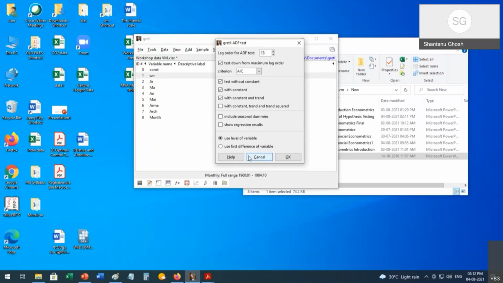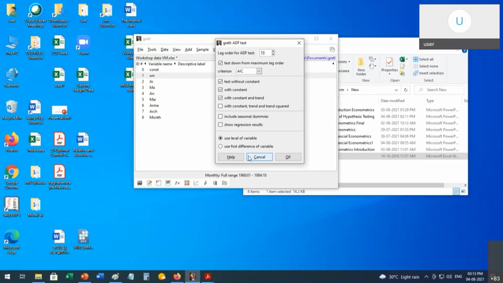So, sir, shall we select those options after looking at the graph that we are having with us for analysis? Yes, that is what I suggest. We look at the graph and see whether there is any trend. If there is a trend, then we have to use the second two, with constant and with constant and trend.